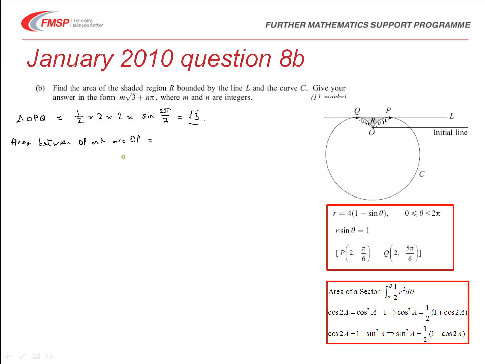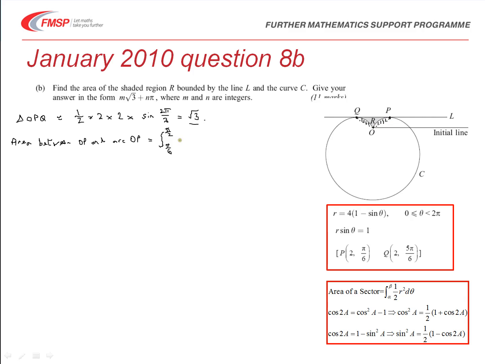Now we know that that is given by the formula a half integral of r squared d theta. So our limits will be between the angle from which we start, which is pi by 6, going through to the angle which is going to be pi by 2, because we're going only as far as coming from this point round to O, which is back at pi by 2.